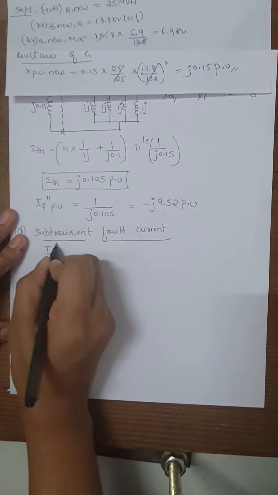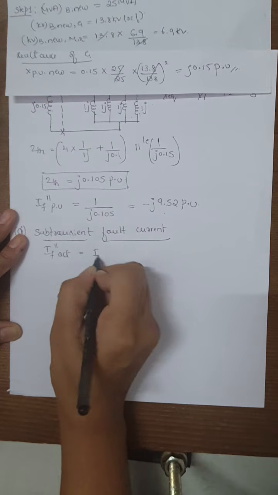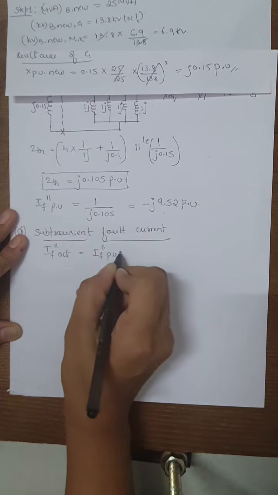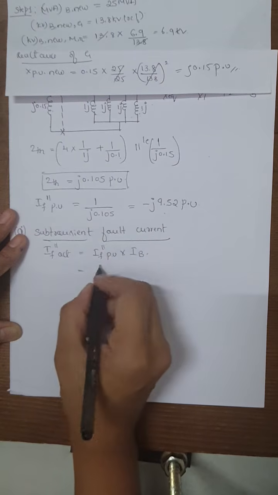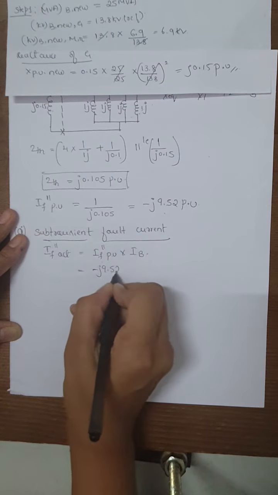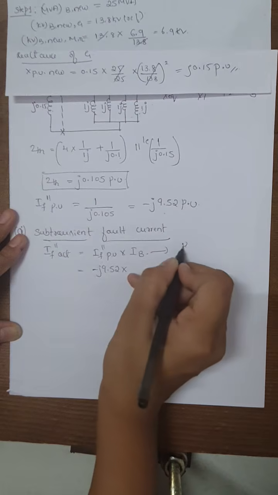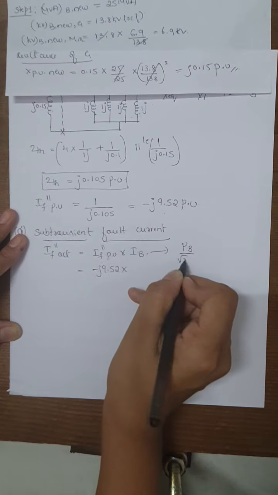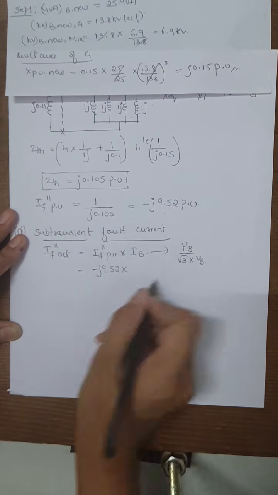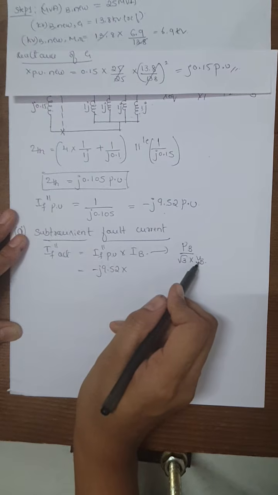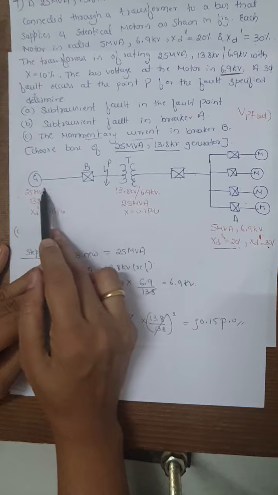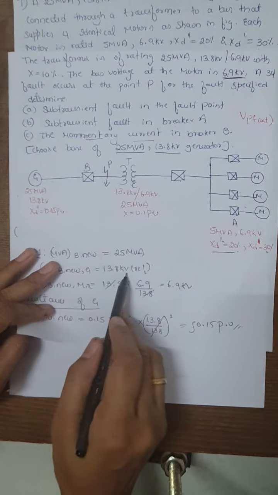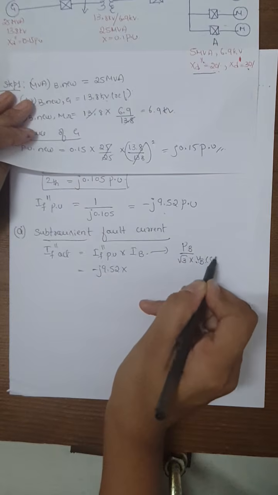The formula is IF double dash actual equals IF double dash per unit multiplied by I base. So IF double dash per unit is minus J9.52 multiplied by I base, which is P base divided by root 3 into V base. V base is where the fault has occurred, that is near the generator side, so we need to consider the base voltage of 13.8 kilovolt, the base voltage of the generator.